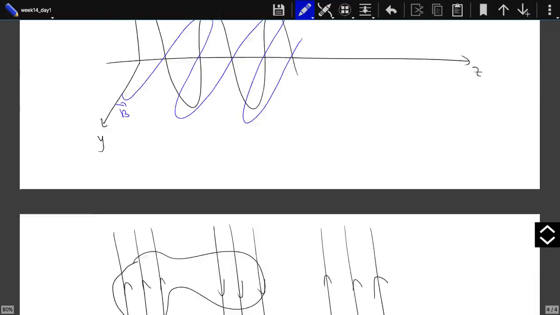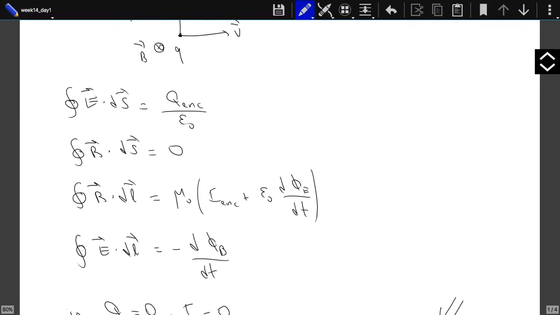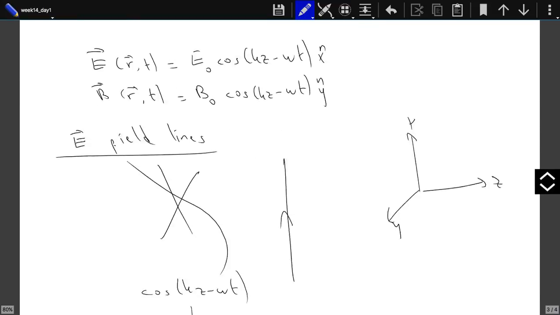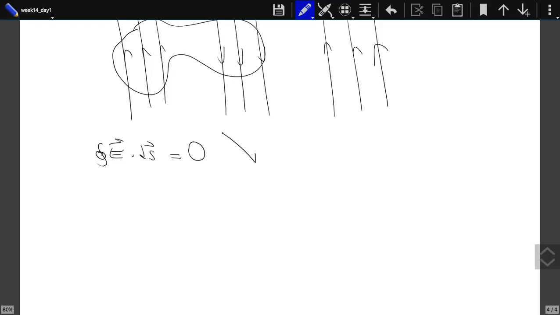Now we have these four Maxwell's equations. We are looking in a region where there are no charges. So if those are our solutions, this should be equal to 0 according to Maxwell's equations. Is it satisfied? Yes. So the first equation is satisfied.